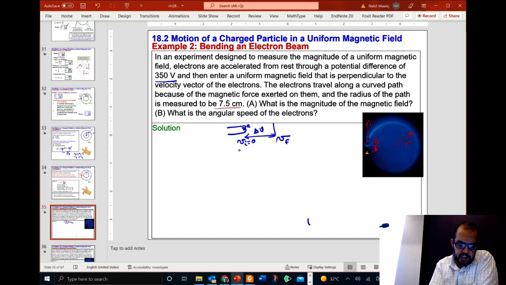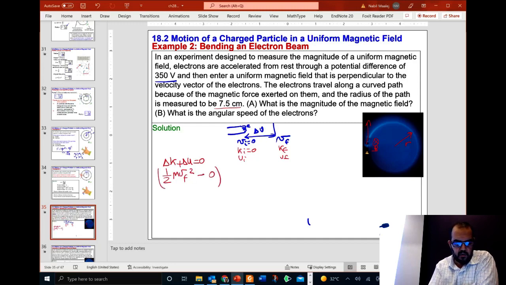We can use K initial is 0, and this is K final. And we can use the fact that this is U initial and U final. So we can write the conservation of energy: delta K plus delta U is equal to 0, which is 1/2 m v final squared minus 1/2 m v initial squared, which is 0.